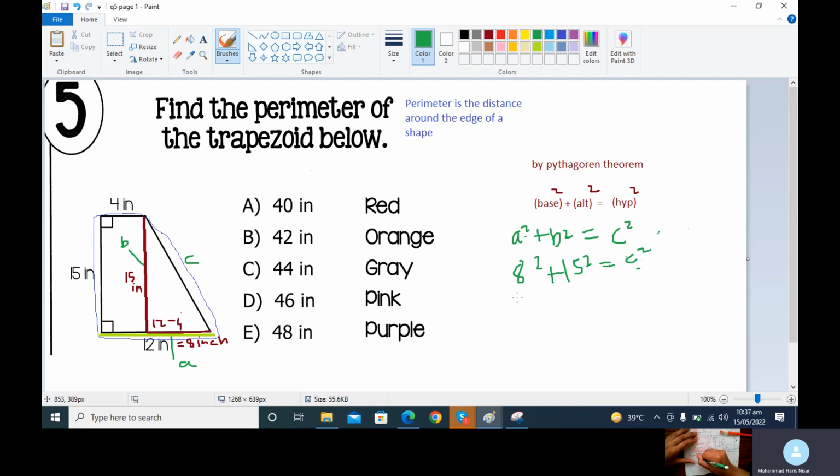Just do it. 8 squared is 64 and 15 squared equals, tell me, 15 multiplied by 15. B is 15 inch.